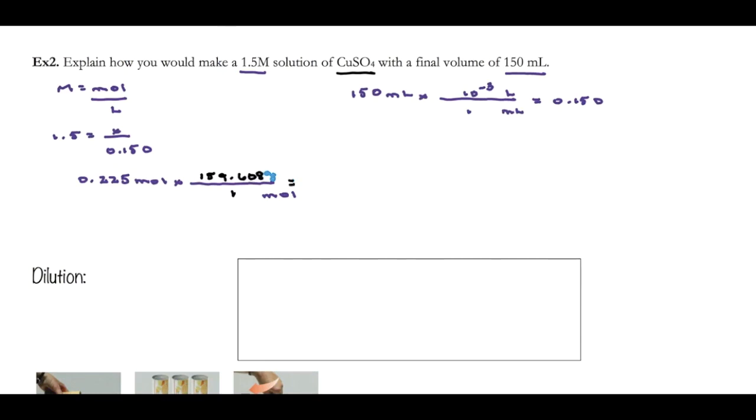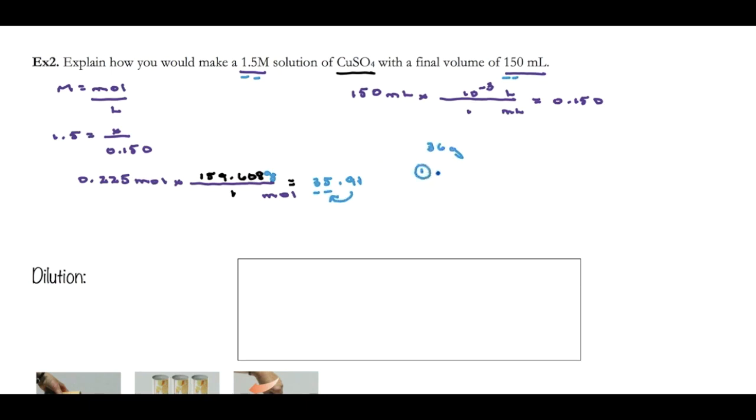So then what I'm going to do is take my number of moles, 0.225, multiply it by my molar mass, and the mass that I get, unrounded, is 35.91. Keep in mind 1.5 has 2 sig figs, 150 has 2 sig figs, so this is going to round to 36 grams. Okay, so steps that I need to take to make this solution.